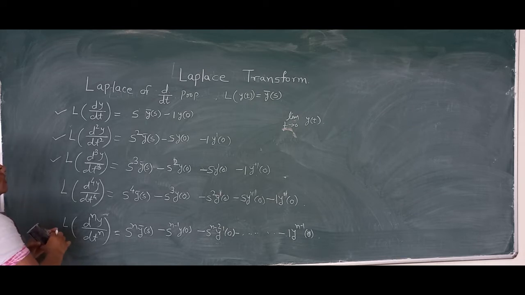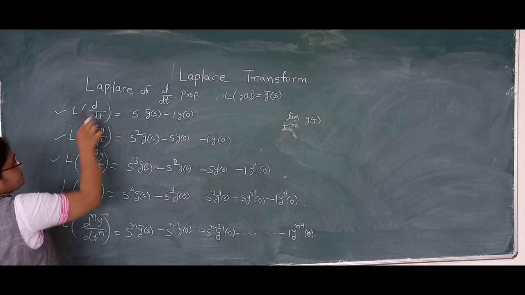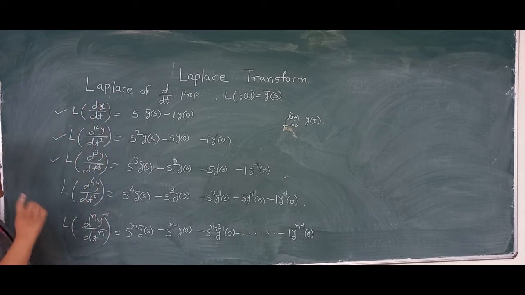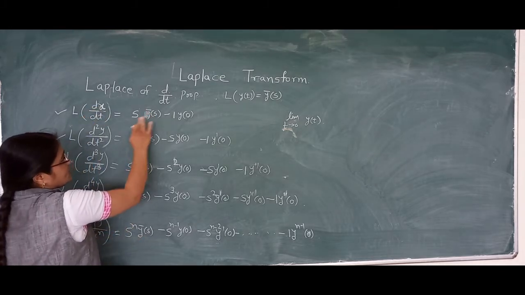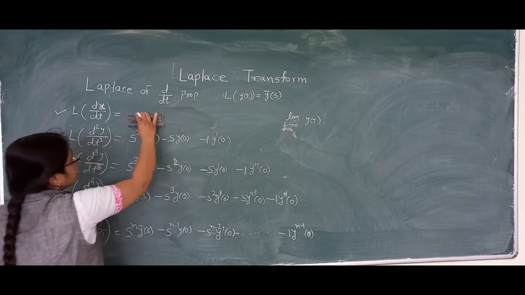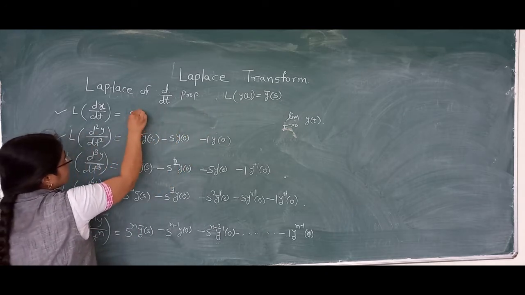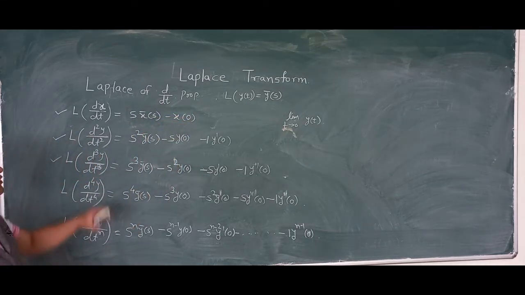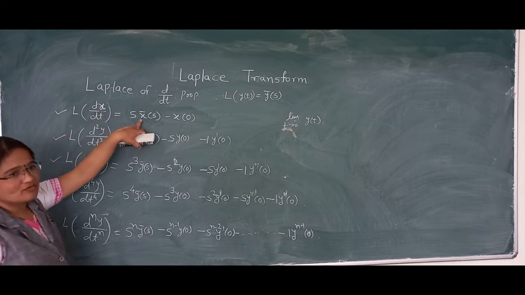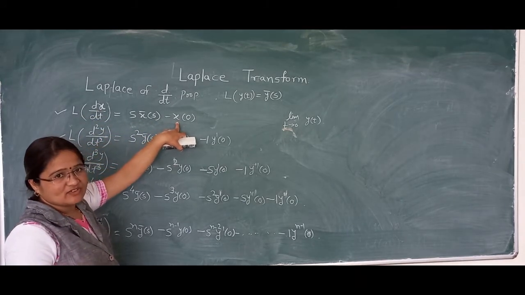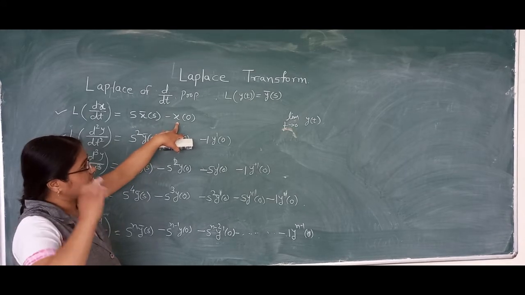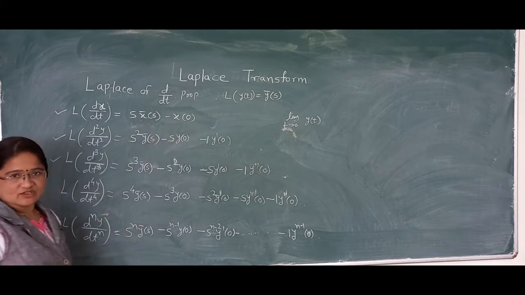Okay? Now if instead of y sometimes it is x, then the dependent variable is x, the independent variable is t, then it should be s into x bar of s minus x of 0. According to the dependent variable, the Laplace of the variable and the initial value of that variable should be changed. Don't keep in mind that it should always be y.